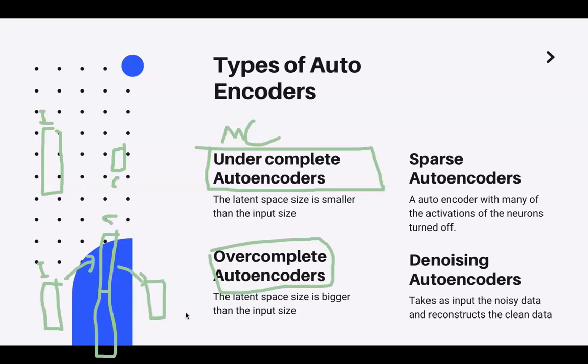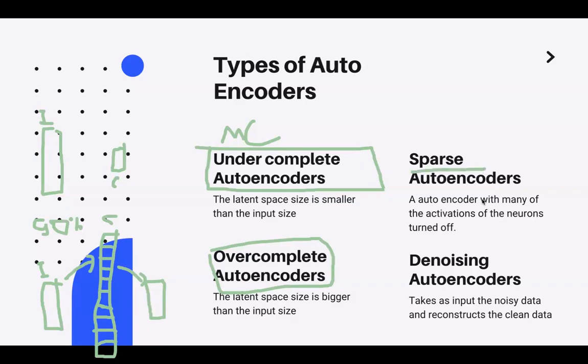It's a very stupid idea. But the idea becomes very interesting when you apply other constraints to it. Some constraints might be like, yes, you might have a very big code in here, but let's say 90% of these values should be set to 0. So you're going to be learning a vector representation that is very big, but extremely sparse.